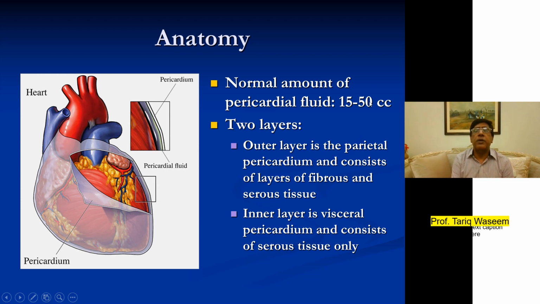Now this pericardial space normally has some fluid for lubrication, which is not more than 15 to 50 ml or cubic centimeters. The inner layer, the visceral pericardium, is a serous tissue which exudes or transudes some fluid, and then the rest is taken up by the parietal pericardium.